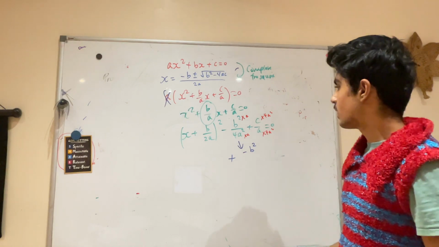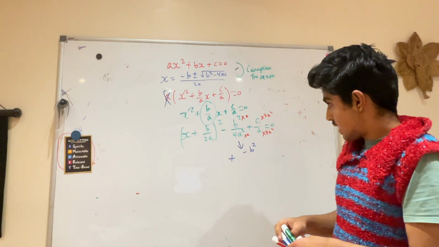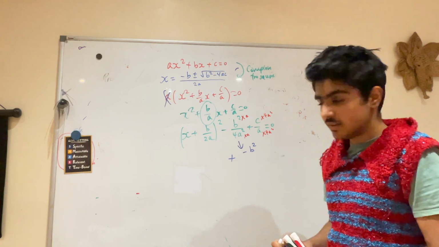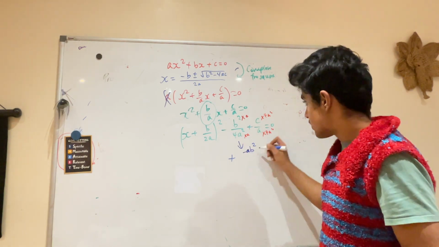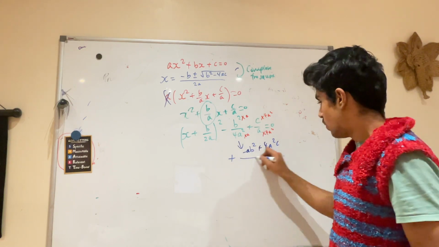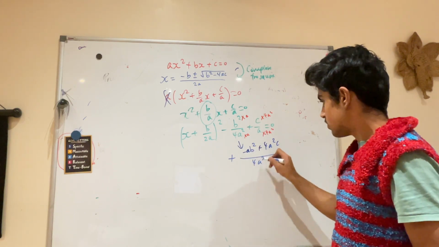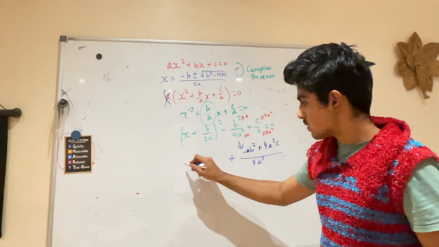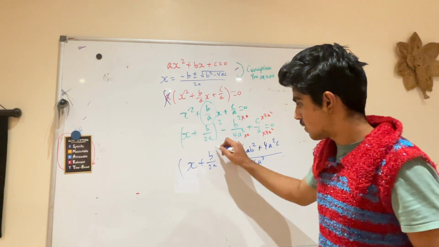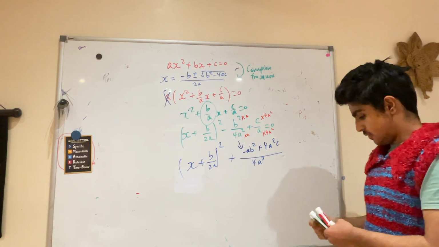When we do that, we can write this as minus ab squared plus 4a squared c all over 4a cubed. And then we just got this part at the start. And of course that's equal to 0.